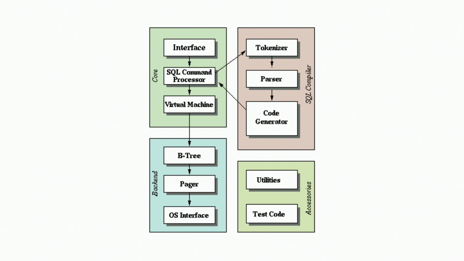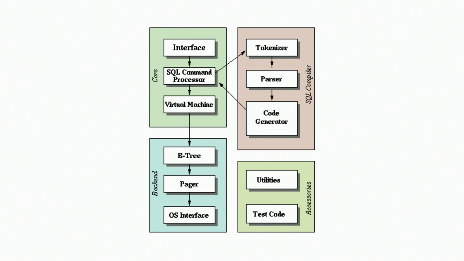Below the interface, we see the SQL command processor. That's where SQL statements are processed by SQLite into a bytecode program, using all the sections in the right part, which is not super interesting for the purpose of this talk.